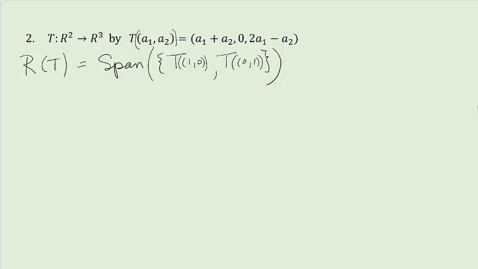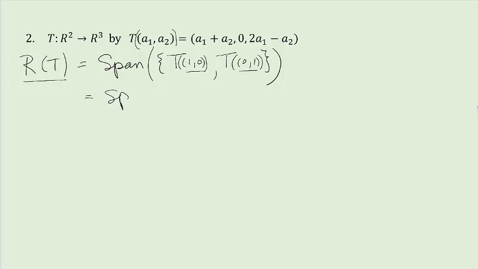So we know that the range, from the theorem that we just proved, the range of T will be spanned by the images of the basis vectors for R2. And I chose, of course, the standard basis vectors, 1, 0, and 0, 1. So let's see.